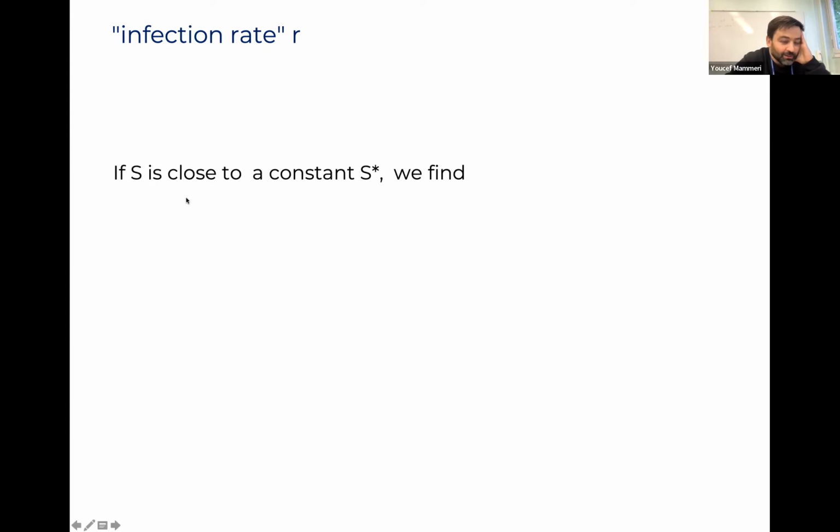So you need something simple. If you look at the system of equations, it is too complicated, but you say, you have a large population, and in the beginning of the epidemic, very few people are infected. So you can assume that almost everybody is susceptible, and the number of susceptible is constant.